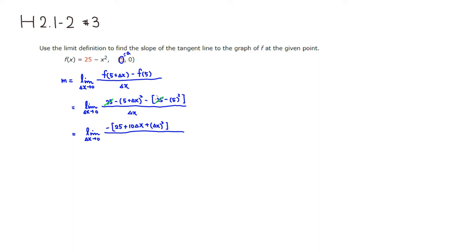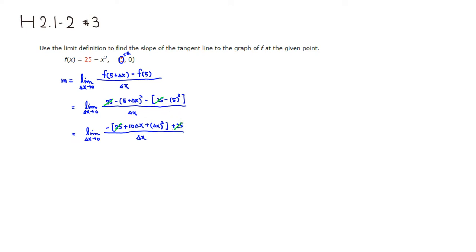Then we have a negative negative, so it's a double negative, so it's going to be a plus 5 squared, which is 25, all over delta x. You see that there's a negative 25 here and a positive 25, so we can cancel them out.